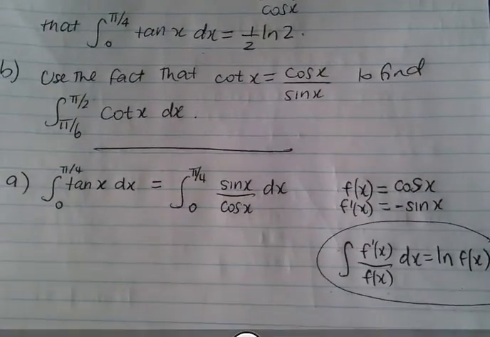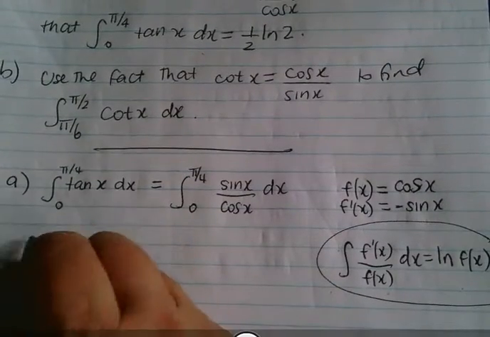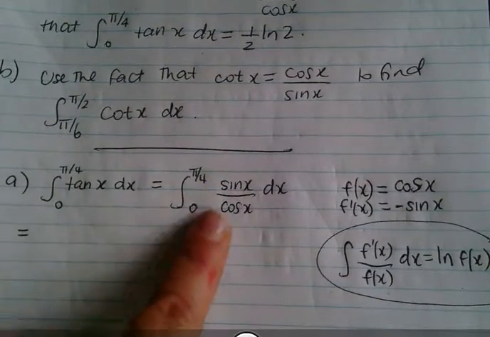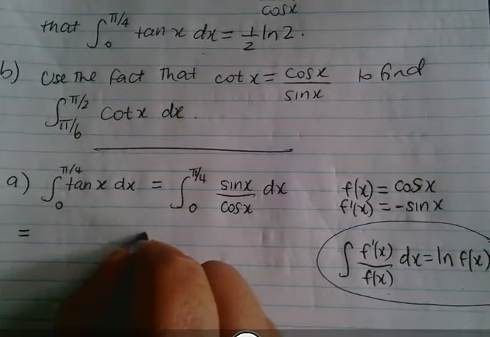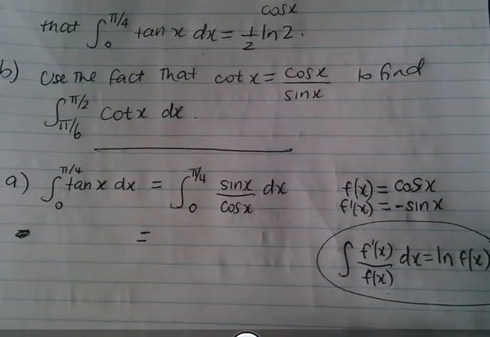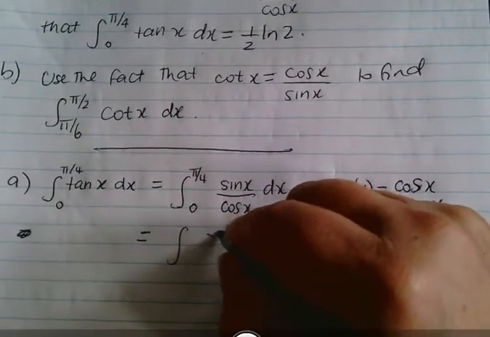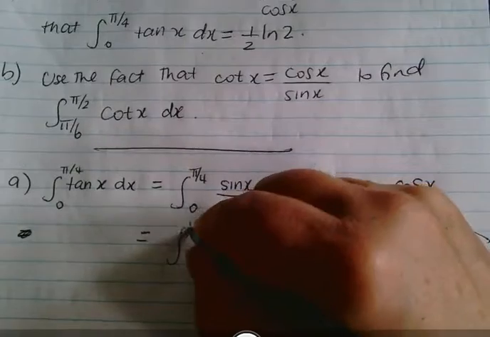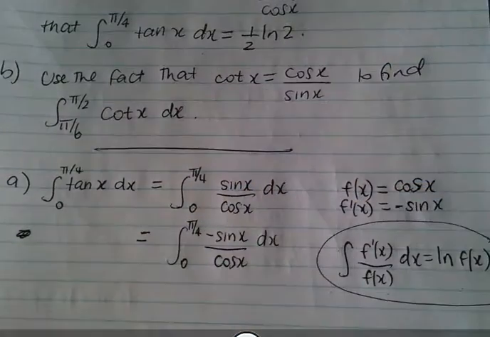Good. So what we know how to do is integrate the negative sine over cos. But we actually don't have that, do we? The integral of tan x is that, but we don't have that. What do we have? We know how to integrate the negative sine over cos, but that's not my question. So what do I do to balance that out?